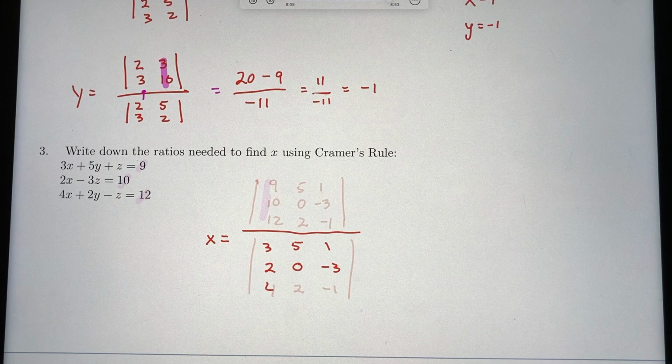And again, if it's x, I'm replacing the x numbers with the numbers from the right. So we have 9, 10, 12, and then pop the other numbers up from the denominator.